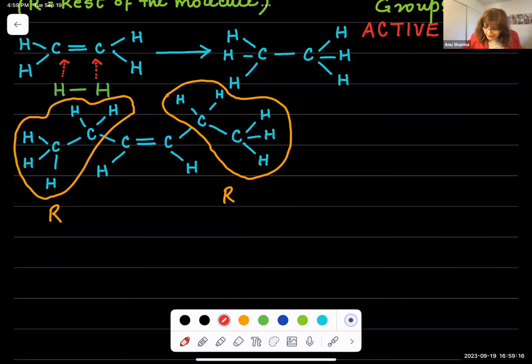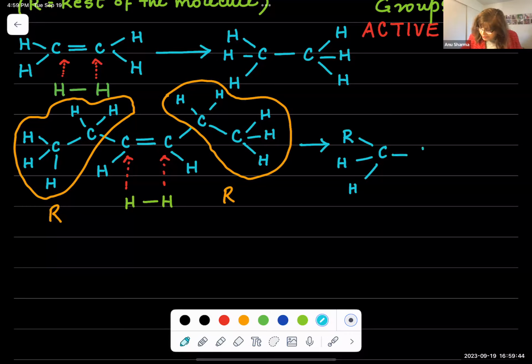If you react with hydrogen, this would be the site where the hydrogen will hit. So we will have one hydrogen coming and another hydrogen coming. So what is formed in this reaction? I'm going to just put it as R, C, hydrogen, hydrogen. The rest of the part remains the same, but this part becomes a single bond.